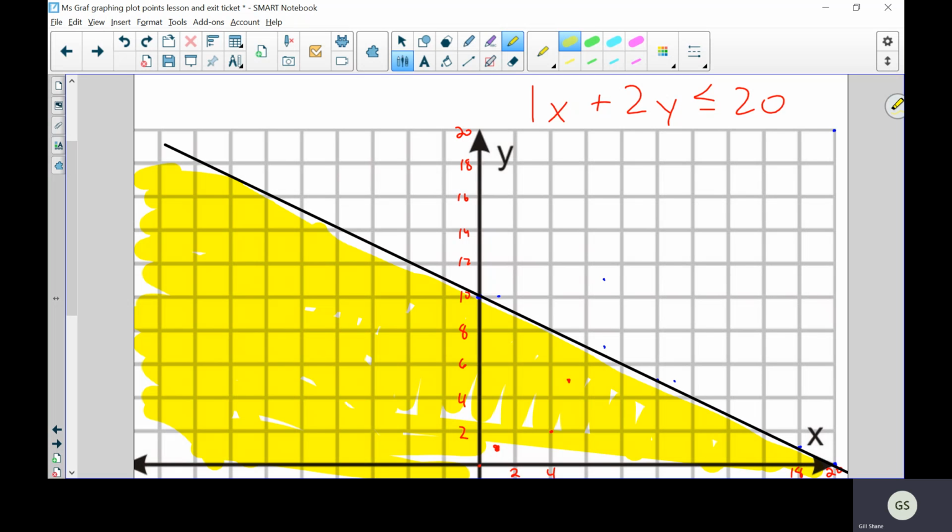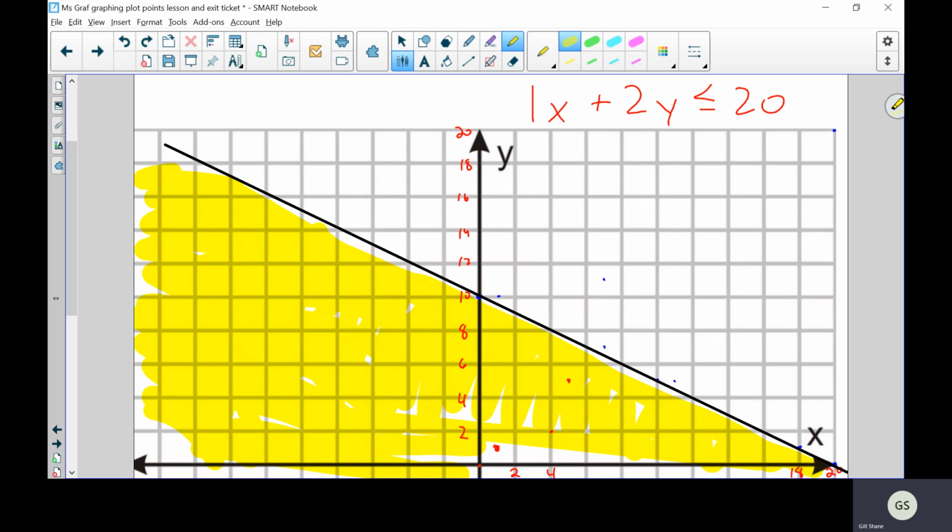Even if I don't give you an inequality. Let's say I didn't give you this, but I gave you just that graph, no inequality with numbers and variables. You should be able to tell me, yeah, I know all the points in this shaded area work, because that's how we represent the answer, by shading it. So every point in the shaded area is an answer, is a solution.